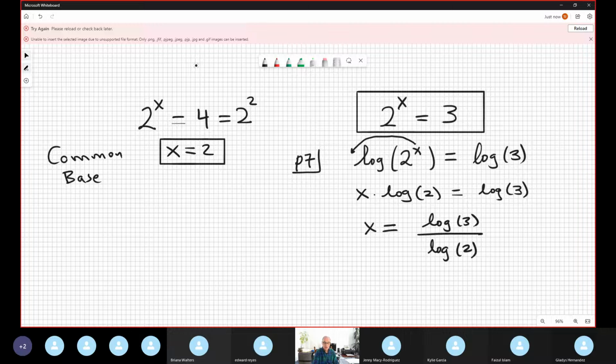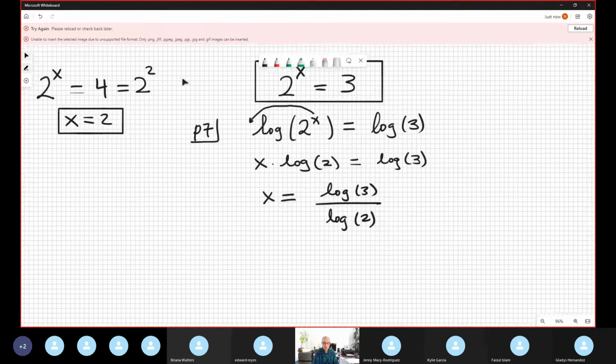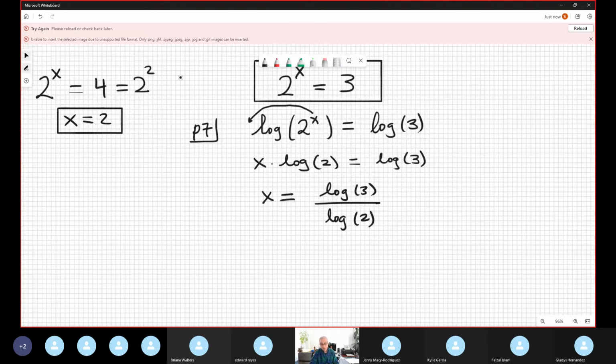Cool. And now you put it in the calculator. Well, it depends on the calculator. This is the exact answer. But in this problem, in the test, I don't ask you for the exact answer. I need an approximate answer.